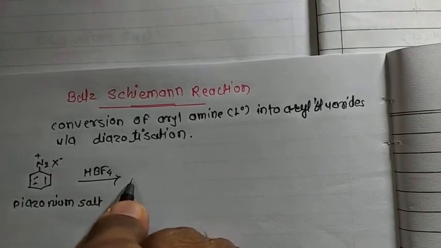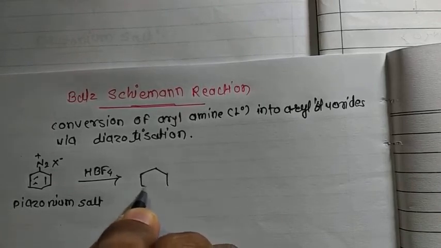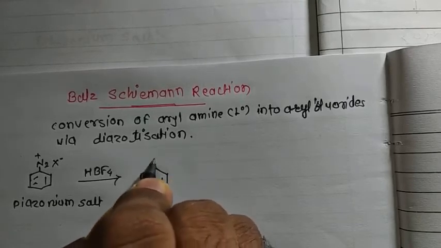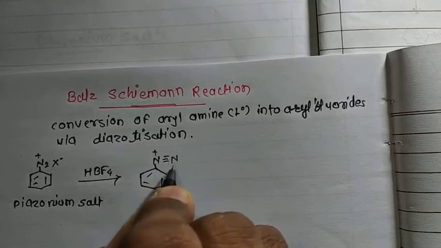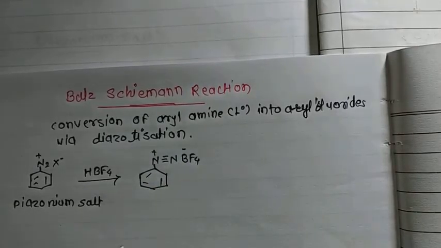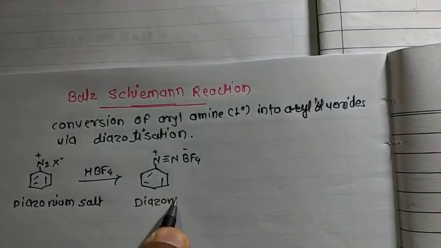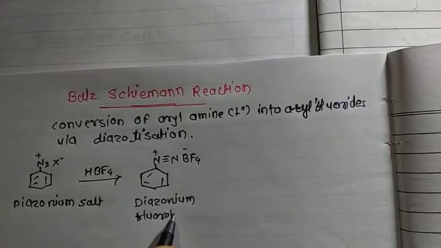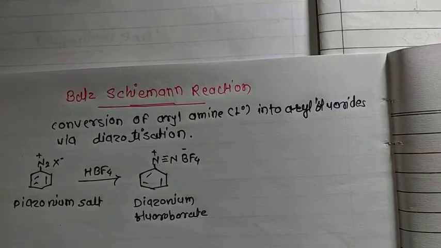Then there is the formation of a new product, diazonium fluoroborate, N plus triple bond N, BF4 minus. Okay, this is a diazonium fluoroborate, or we can say tetrafluoroborate.